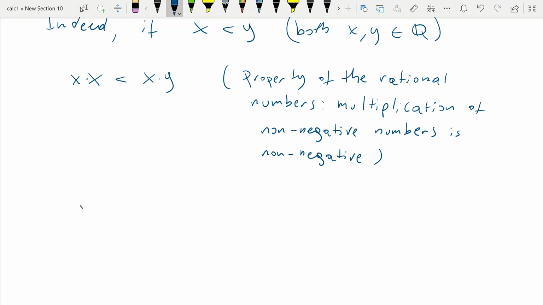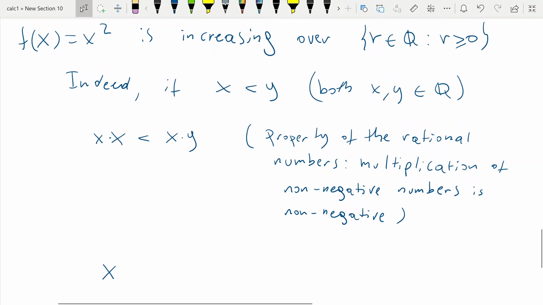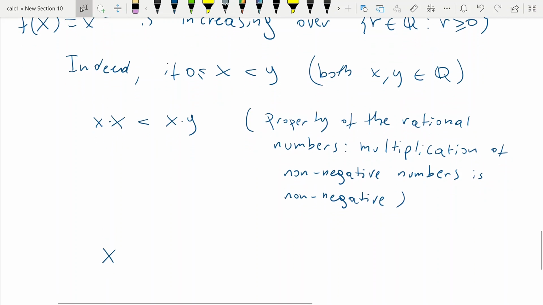And remember that by assumption, we're just considering f to be defined over the positive rational numbers.